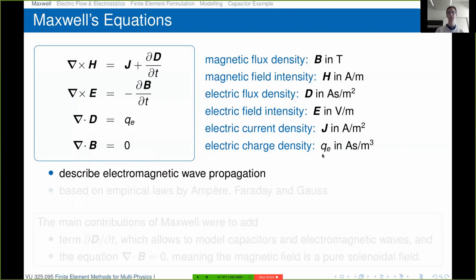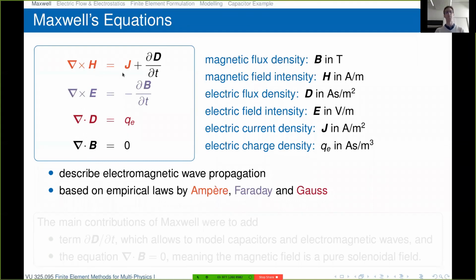The units here are given in SI units, and in fact, Maxwell's equations were based on empirical laws by Ampere, Faraday, and Gauss. So the first equation here, the curl of H equals J, is Ampere's law.